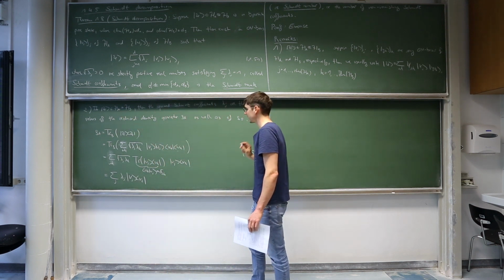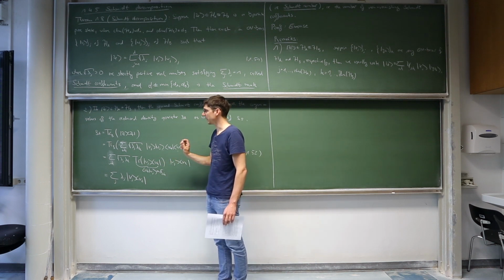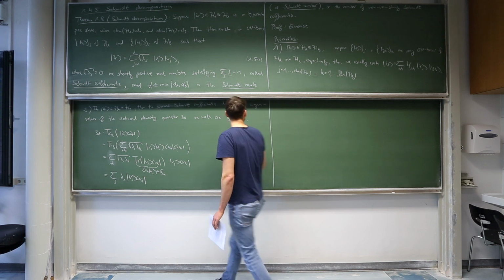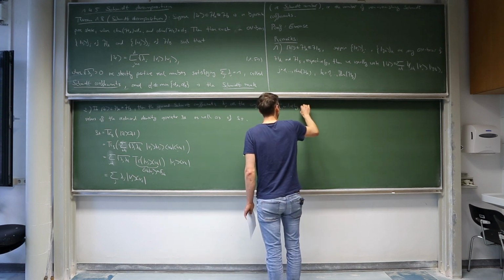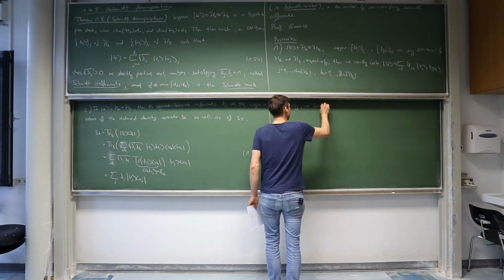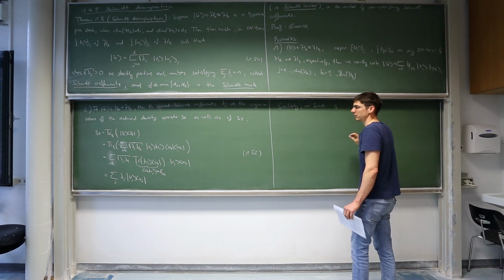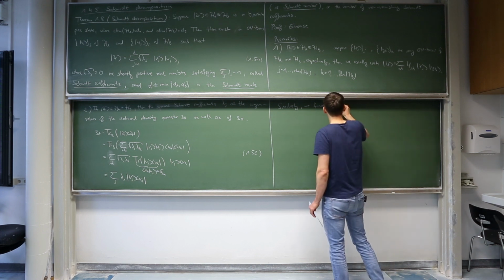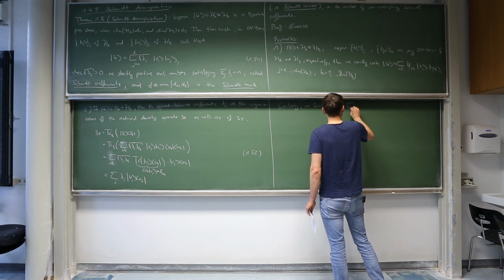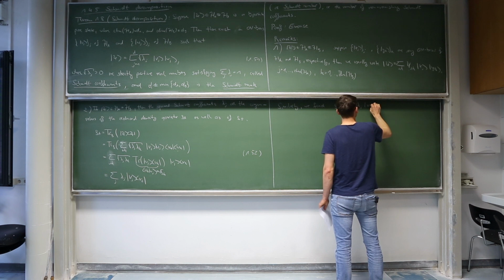And now the same thing can be done if I instead trace over subsystem A. So similarly, we find, and you can either already see this or it takes a two-line calculation, that rho B is the sum over j of lambda j, and now the basis vectors wj.